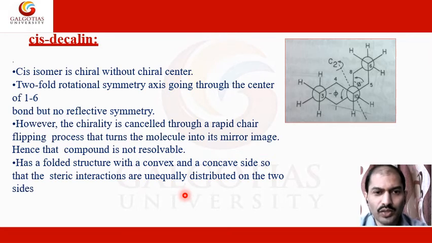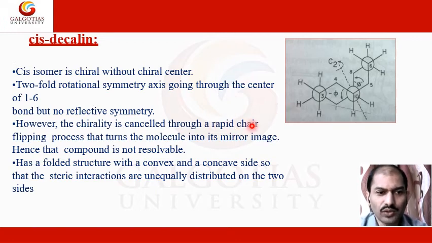Due to their rapid flipping, it is very difficult to separate them. It has a folded structure with convex and concave sides, so that the steric interactions are unequally distributed on the two sides.